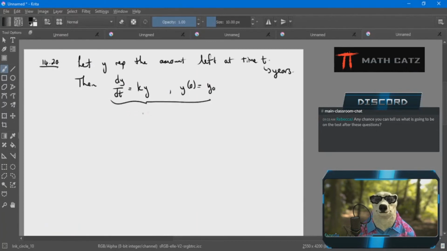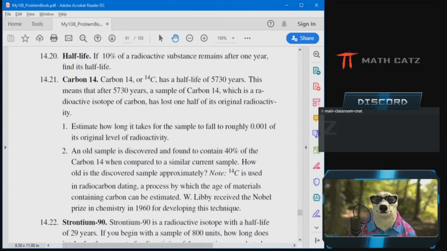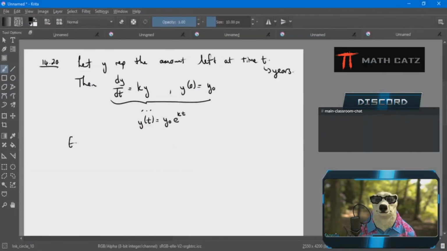So from this, just like the very first one we did, you can go through the motions, be sure you can do it, and we will of course get the familiar exponential growth decay function. So now they give me the information that 10% of the radioactive substance remains after 1 year. So extra information. After 1 year, we have 10% of the initial amount.